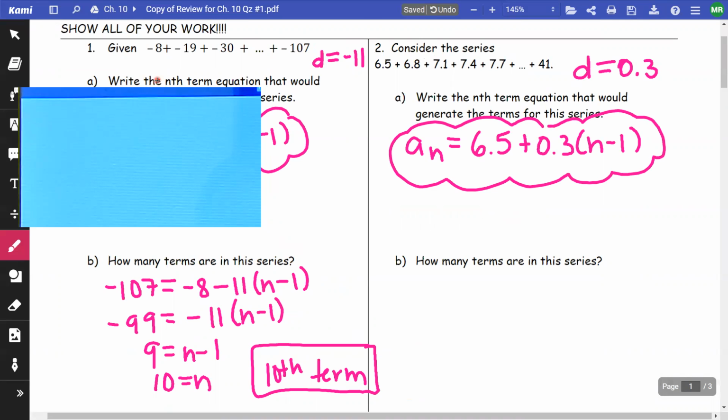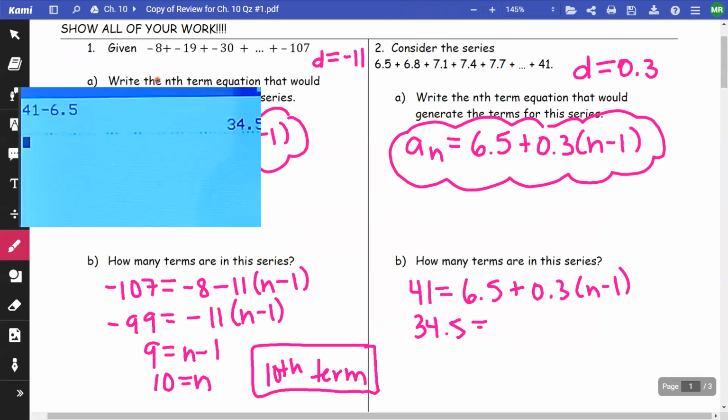How many terms? So I'm going to put 41 is equal to 6.5 plus 0.3 times n minus 1. I'm going to take 41 minus 6.5, and I end up with 34.5. 34.5 is equal to 0.3 times n minus 1.